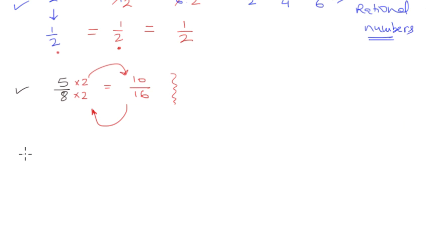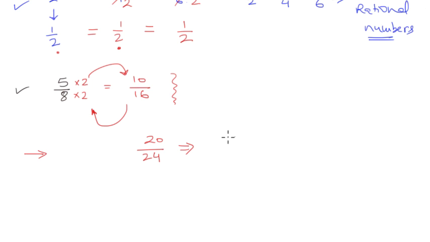Now, this would lead to another important concept, which we also studied in fractions, but it is worthwhile studying here. Let's say you have a rational number 20 over 24. Okay. Now, I'm going to get rid of all the common factors between these two numbers, 20 and 24. It's a rational number, but there are a lot of common factors. Okay.